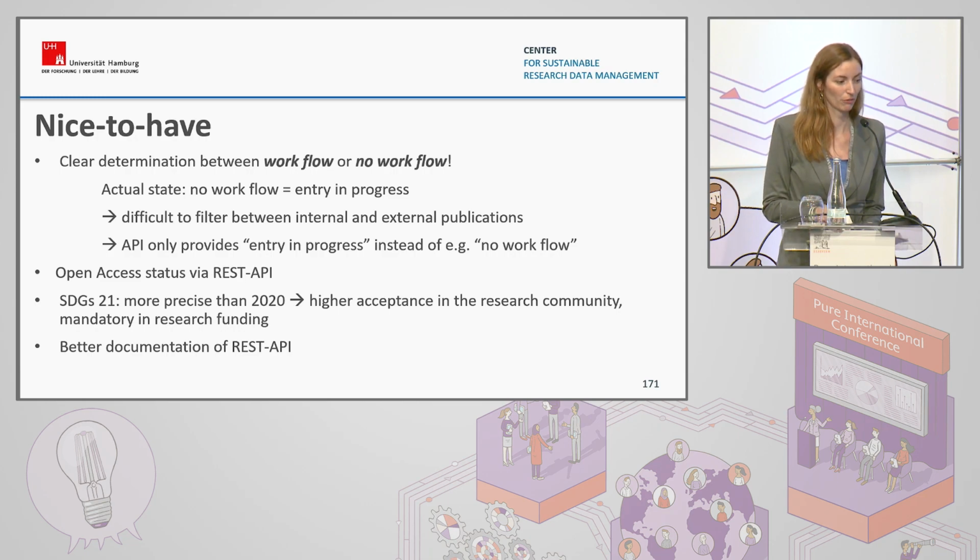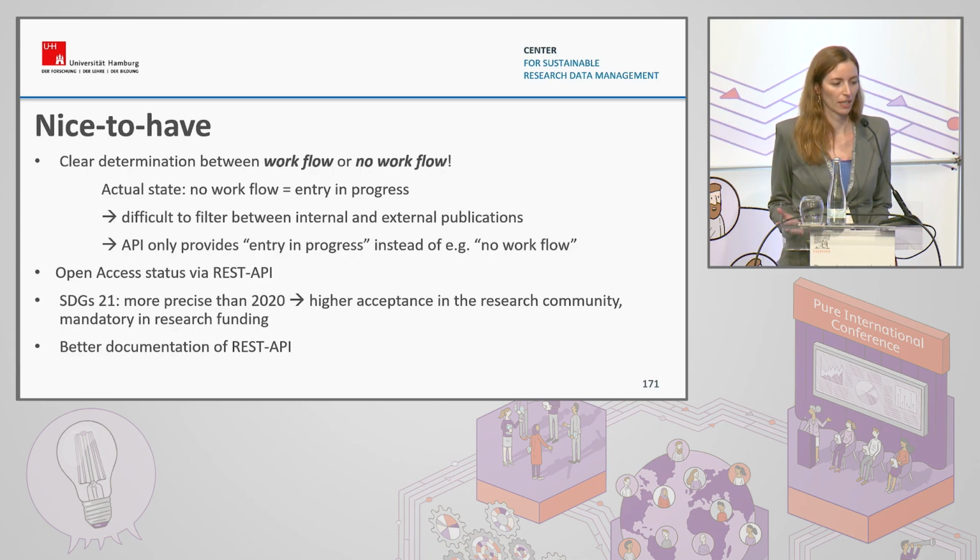For example, having a very clear determination between workflow and no workflow. The actual state in Pure is that no workflow is equal to entry in progress. And it's difficult to filter between internal and external publications. We found a workaround for organizational websites, but it would also be nice to do so on a personal level.